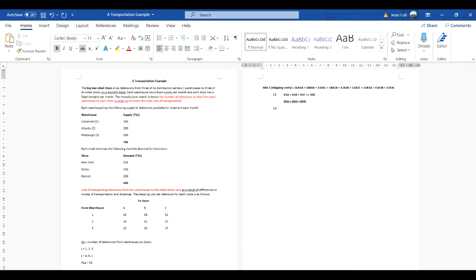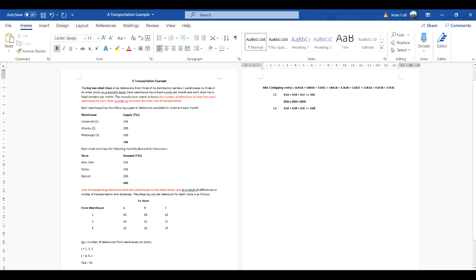What's our second constraint? We know that for C2, we only have how many TVs available to ship from Atlanta? 200. So X2A plus X2B plus X2C must be less than or equal to 200.